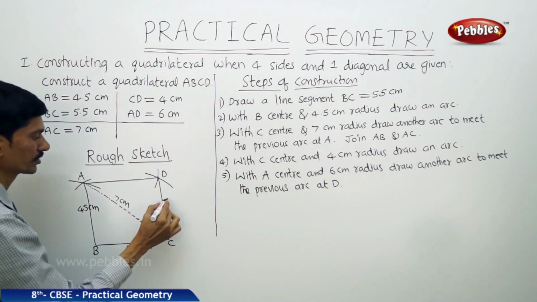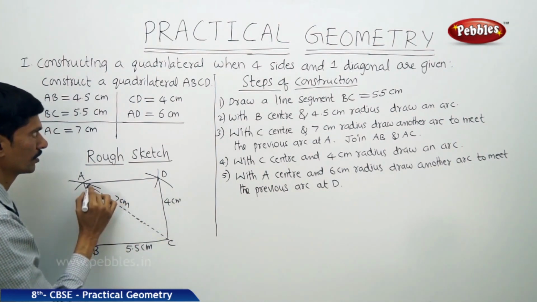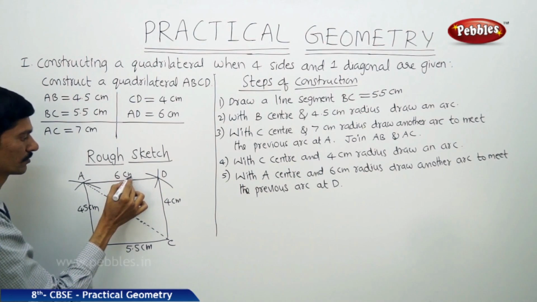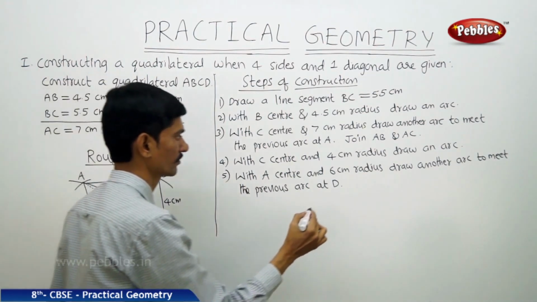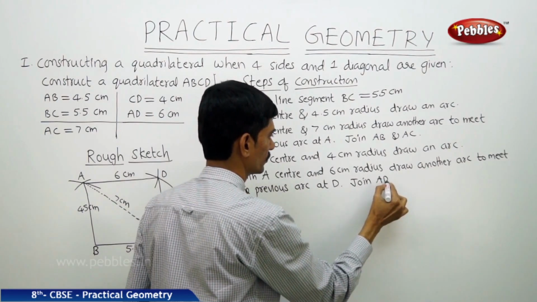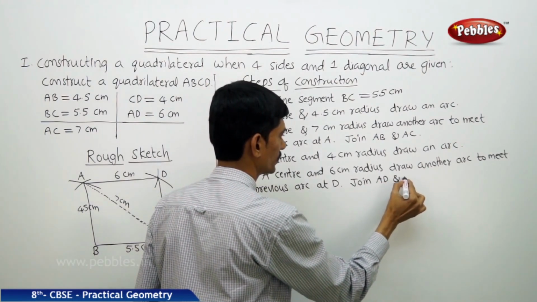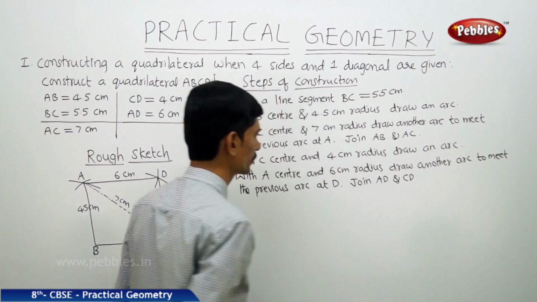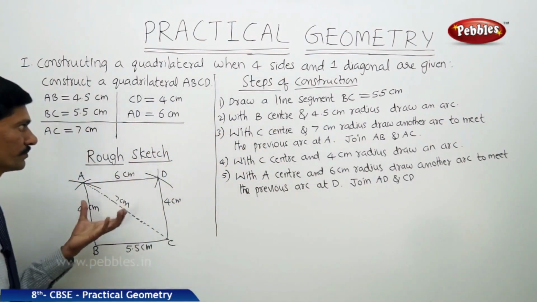So your CD is 4 centimeters and AD is 6 centimeters. Join AD and CD. So hence the required quadrilateral ABCD is formed.